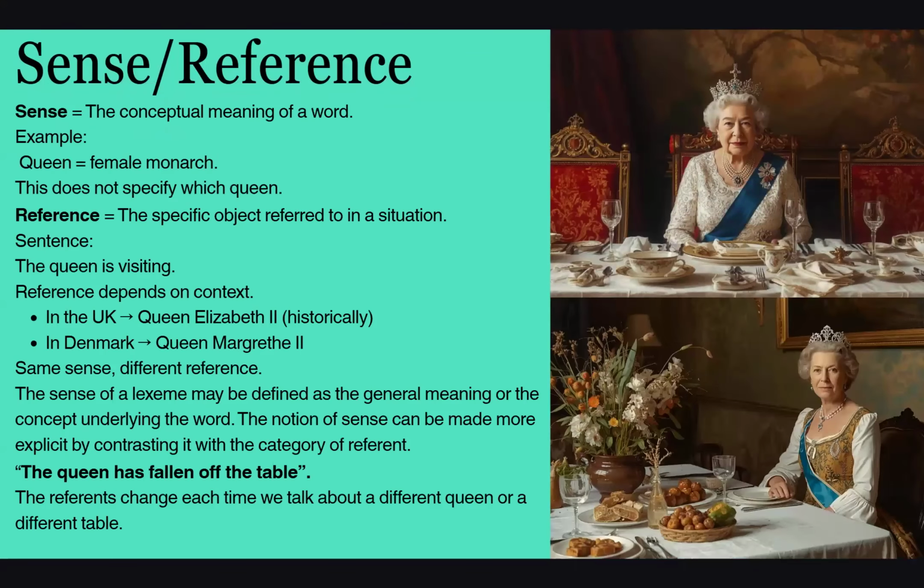Okay. And the next is about sense and reference. Sense is the conceptual meaning of a word. For example, queen: female monarch. This does not specify which queen.